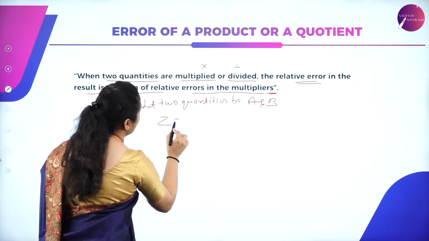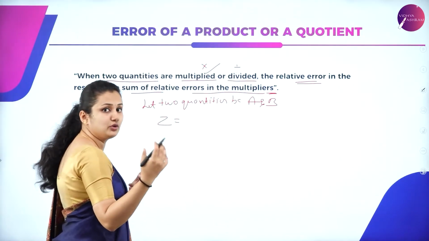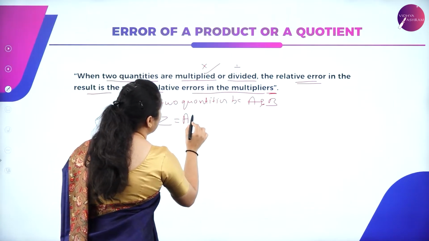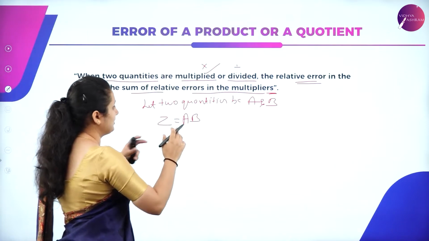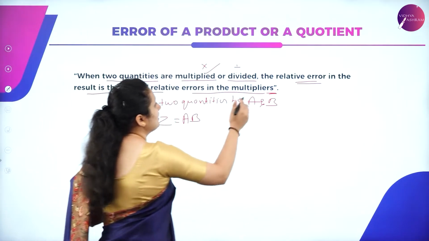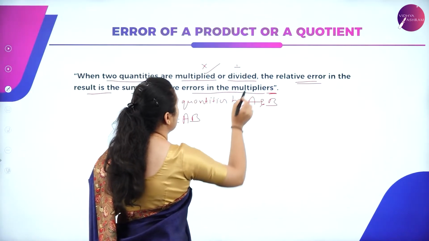I will take multiplication first. Division you can do by yourself, similar to multiplication. I am taking multiplication to show you how it comes out mathematically. The relative error in the result is the sum of relative errors in the multipliers.